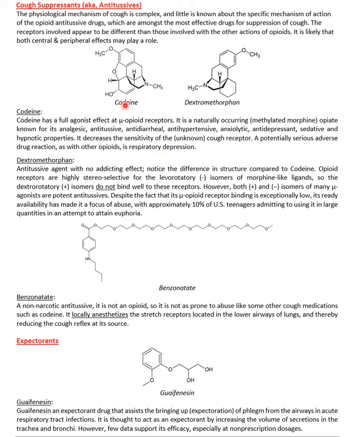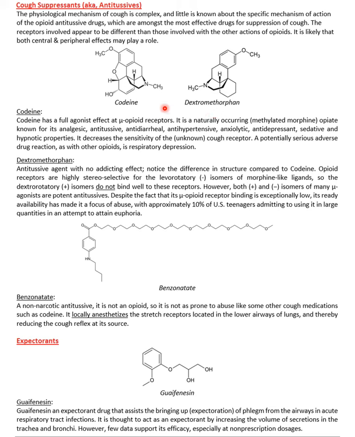So from codeine, we would like to design another drug that would produce the antitussive effect, but at the same time does not cause the euphoria and the other addictive effects that we see. And therefore we introduce dextromethorphan.